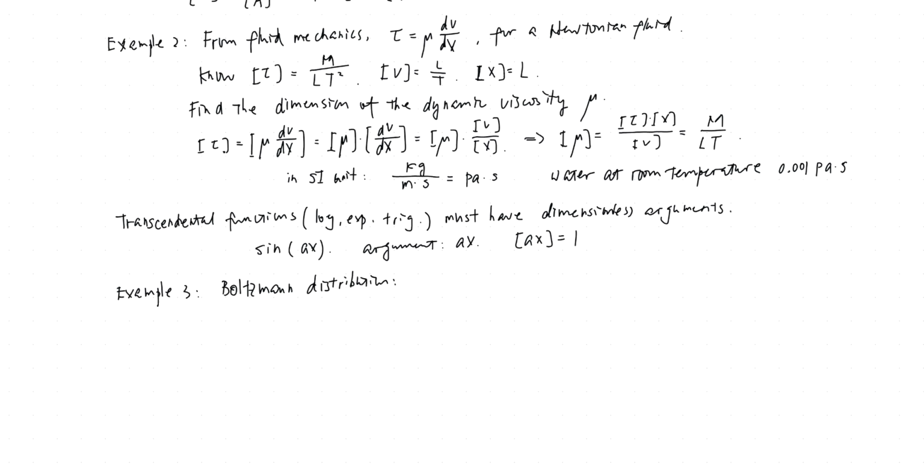The probability is proportional to the exponential of minus energy divided by kB T. kB is called the Boltzmann constant. Now let's find the dimension of the Boltzmann constant.